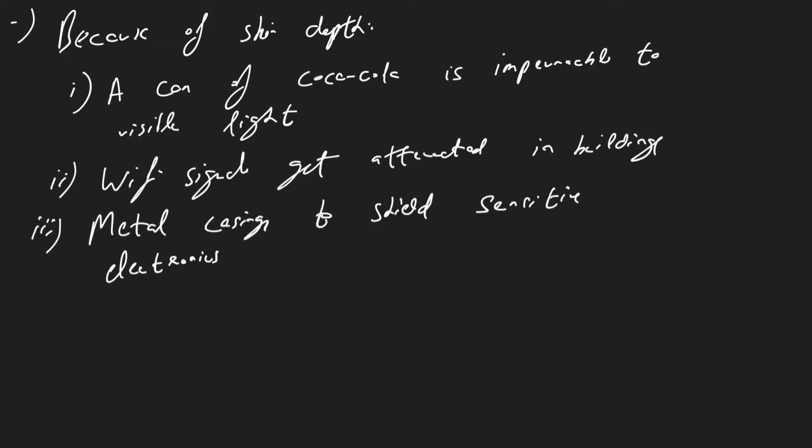This is why you have most processors or sensitive electronics inside a metal casing, because the metal casing in your CPU prevents radio waves of a nearby tower, or your 60 hertz hum from getting in, or basically attenuates it a bit, so that it doesn't couple to your circuitry a lot. So it has an effect there.